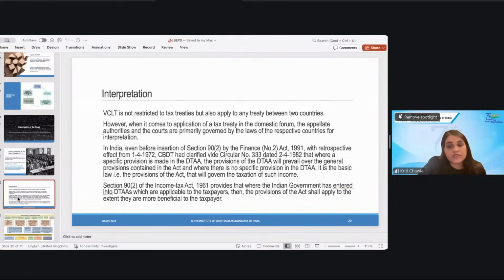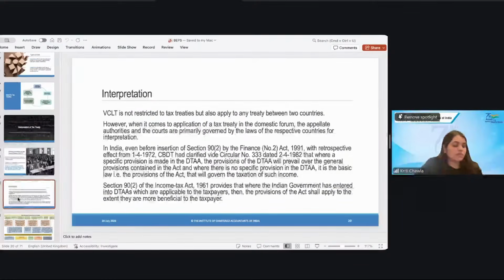And when there is no specific provision in the DTAA, it is like the basic law, that the provisions of the Act will govern the taxation of such income. So this is where Section 90 of the Income Tax Act provides that where the Indian government has entered into a particular DTAA that is applicable to the taxpayer, then the provision of the Act shall apply to the extent it is more beneficial to the taxpayer.